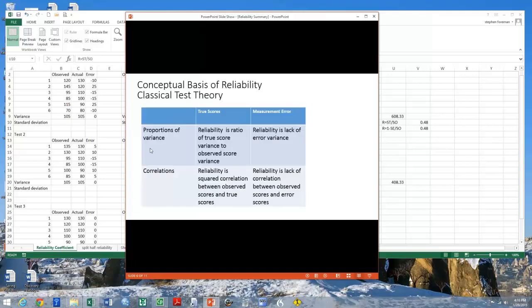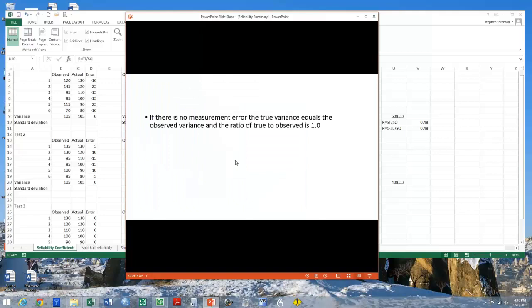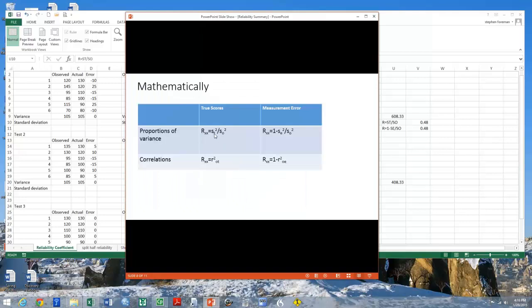So conceptually, the proportion of the observed score that's related to the true score is something that we call the coefficient of reliability, or the reliability coefficient. So mathematically, if we divide the true variance by the observed variance, we're going to get that little indicator.